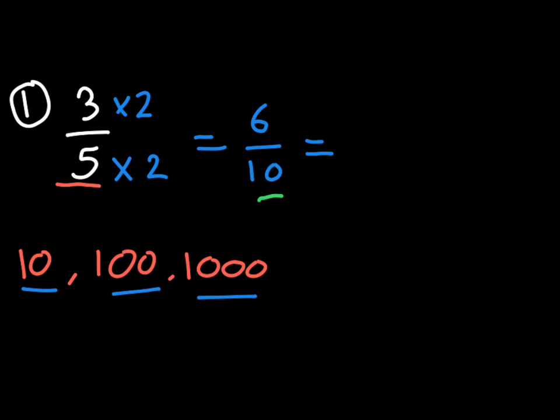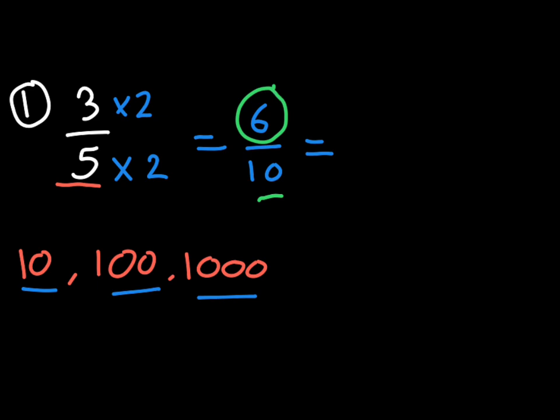Now, if we look at the number 10, we can see that it has got 1 zero. Therefore, we know that our final answer is going to have one decimal place. Remember, this point over there is our decimal point. To find the numbers which go in our decimal places, we simply look at the numerator of our fraction.